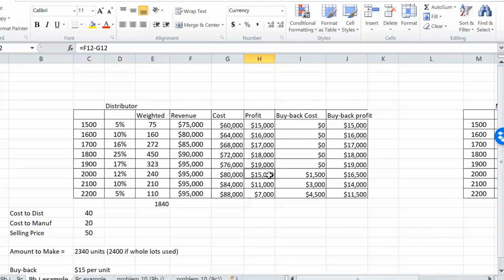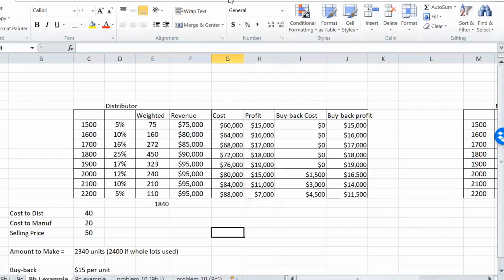You could do things like rebates, and in a rebate you just change the selling price. You change the selling price to 45, and then you can change whatever revenues you want. So using these three numbers, you could change these charts to make whatever type of risk sharing that you want.